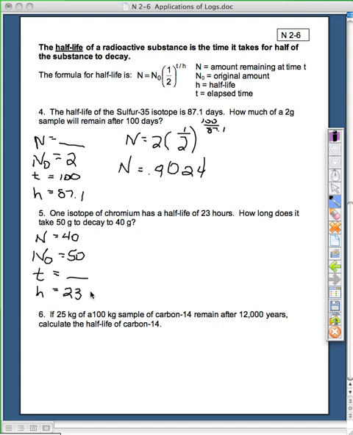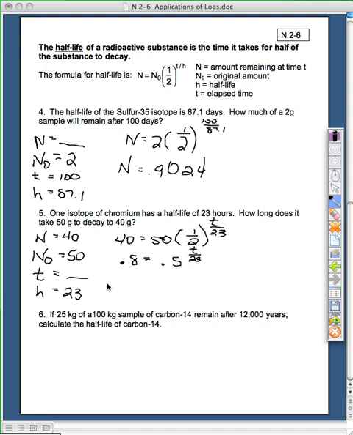Okay, so we go through here, and we have 40 is equal to 50 times 1/2, or 0.5 if you want to use 0.5, to the T over 23. 4/5 is 0.8. So 0.8 is equal to 0.5 raised to the T over 23rd power.